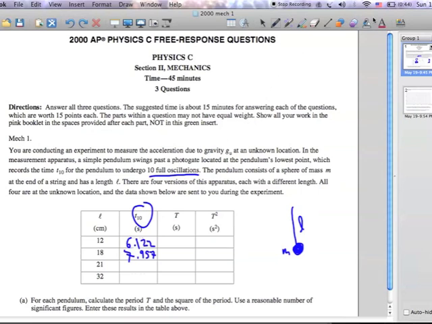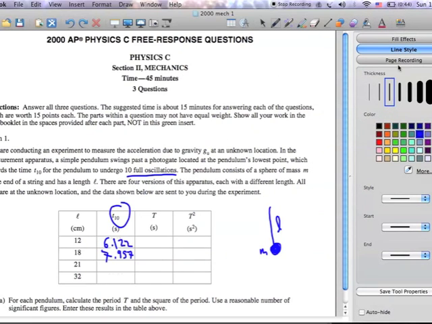Let me just rewrite these in thinner things. So this first one is 6.122. Second, 18 centimeters, was 7.957 seconds. And here's a 21 centimeter one.